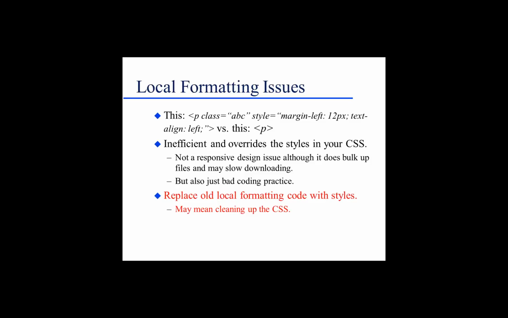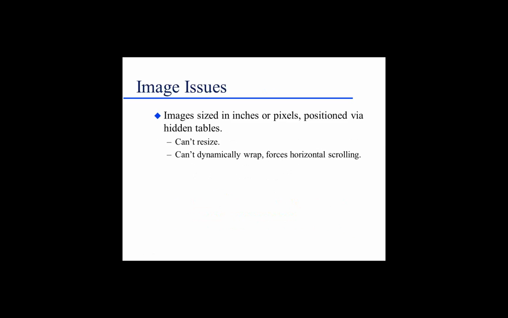You may have to clean up your CSS. In fact, I'm doing a project like that right now, cleaning up legacy junk in the CSS. And you want to think about switching from points to a relative size unit like I discussed last month.